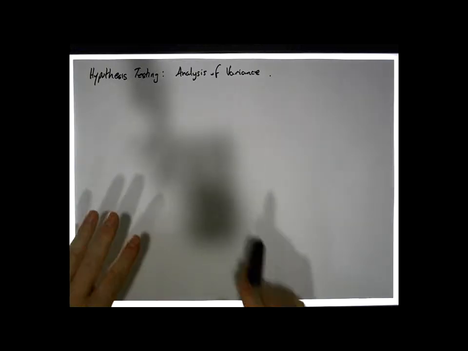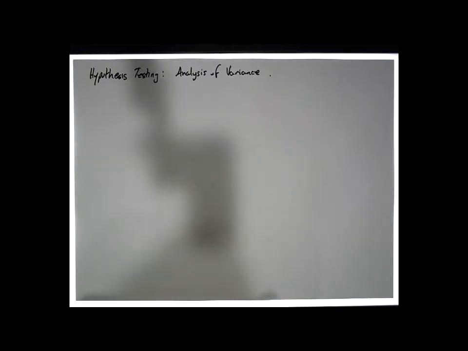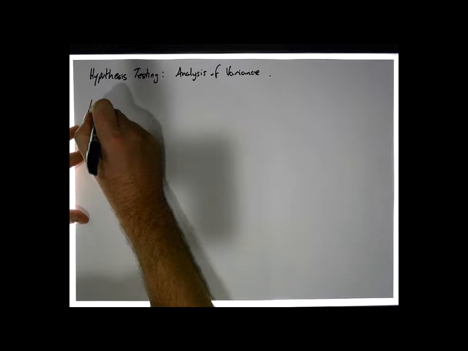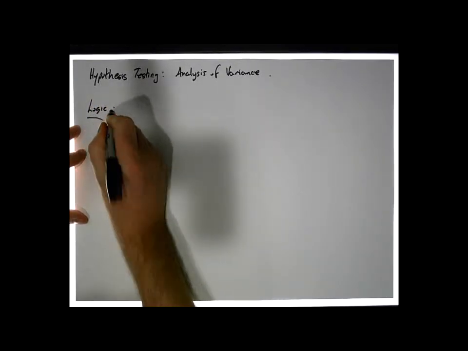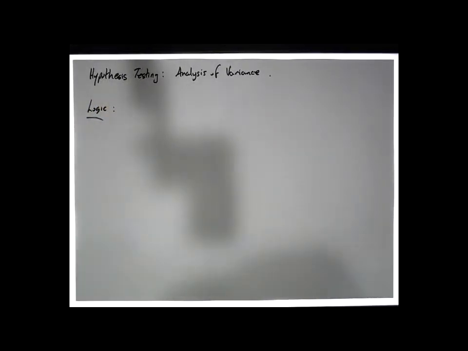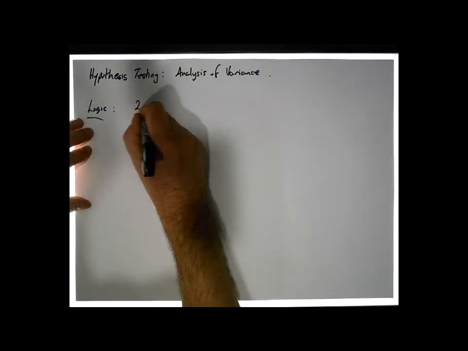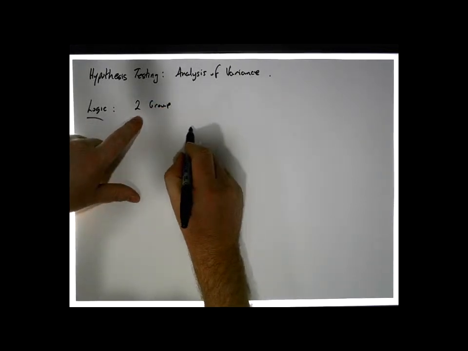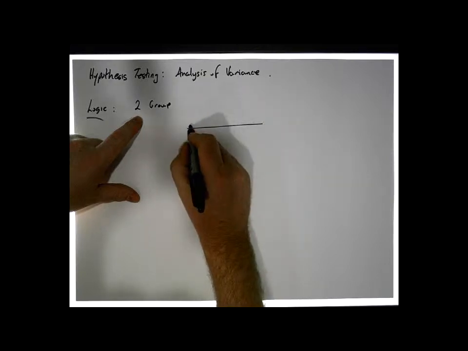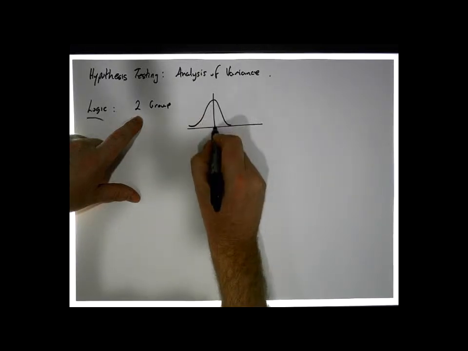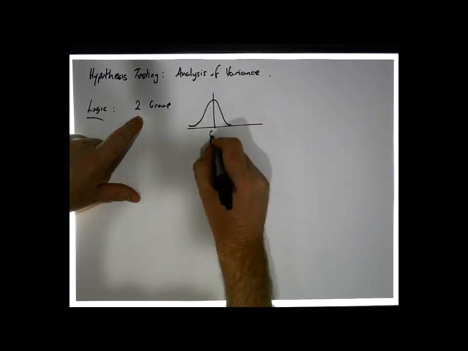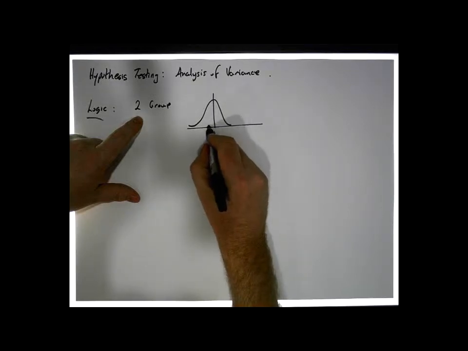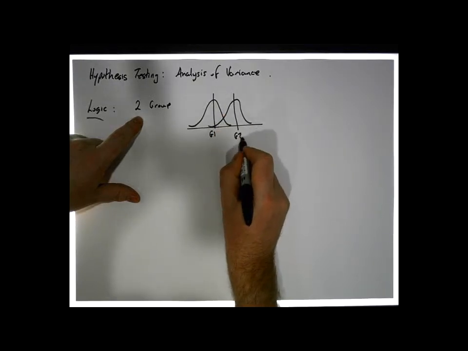Let me go over the logic of analysis of variance. Now we know that in the two sample case, when we have two groups, effectively we're comparing the two distributions, group one and group two, and we're probably doing a t-test.